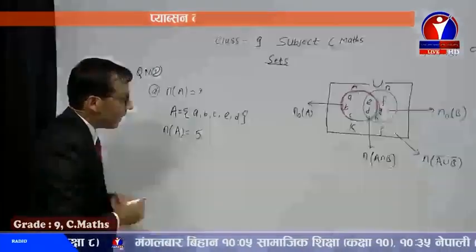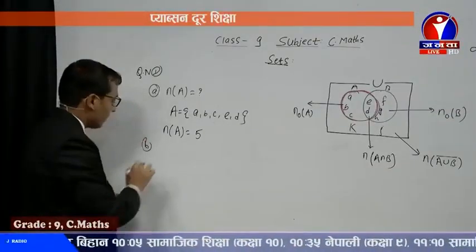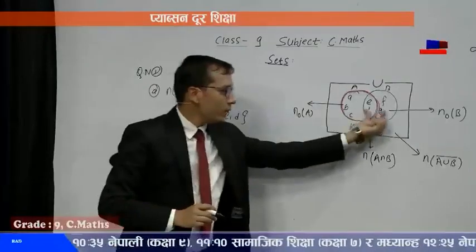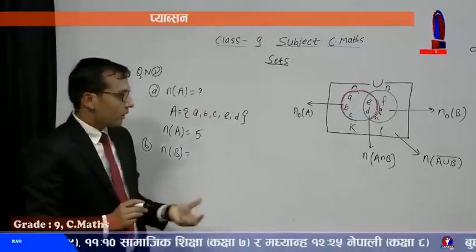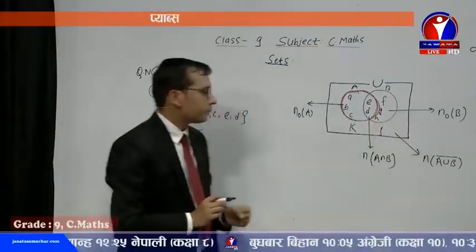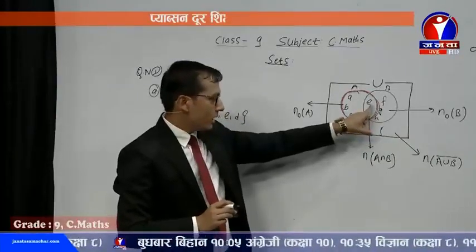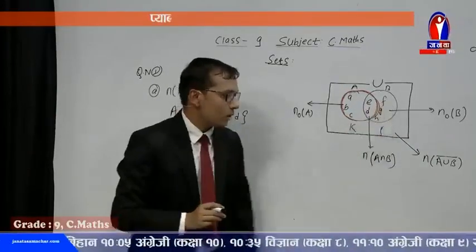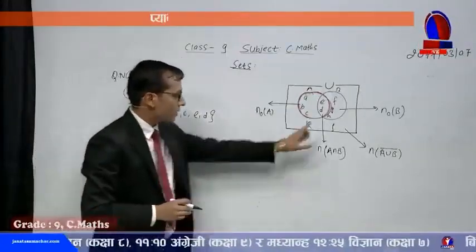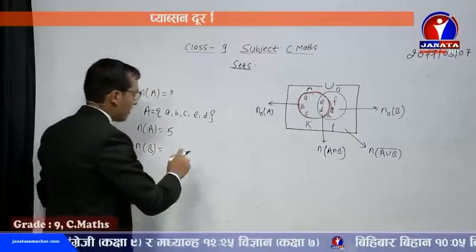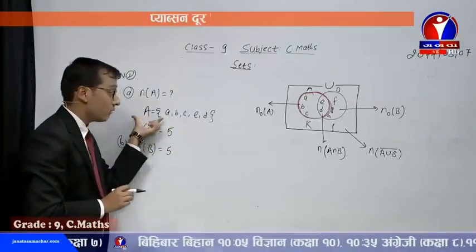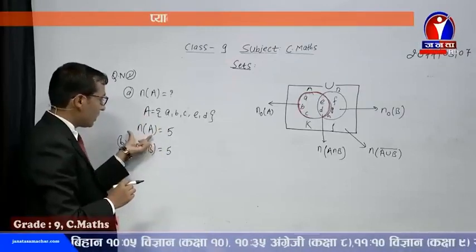Similarly, now what is n of B? Let's see how many elements are in set B. E, D, F, G and H. So n of B consists of again two different regions, which are the intersection and n only B. So there are a total of 5 elements in set B. So the cardinal number of set B is also 5, because I explained what n of A is by writing the elements of A, and then I wrote the cardinal number.